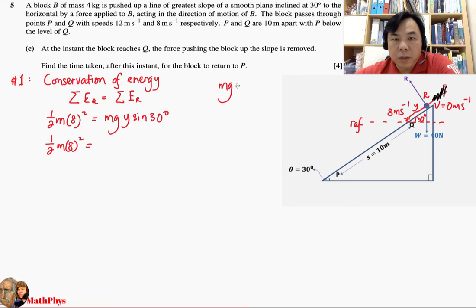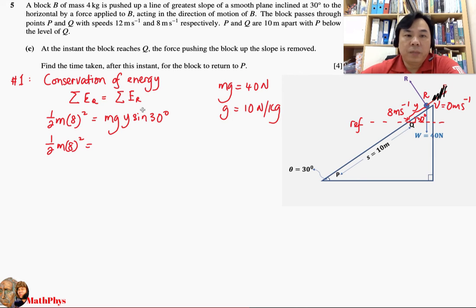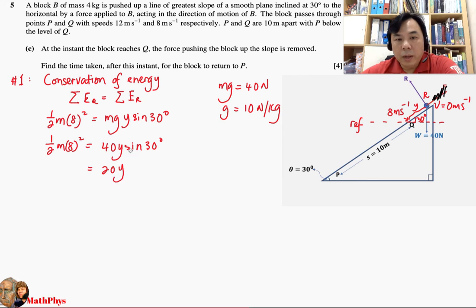Just to make a remark here, mg is 40 Newton, where g is actually 10 Newton per kg. So in this case we will have 40 y sine 30, which is the same as 20 y, because sine 30 is a half. So from here, this is 32m. Yeah, I forgot the m.